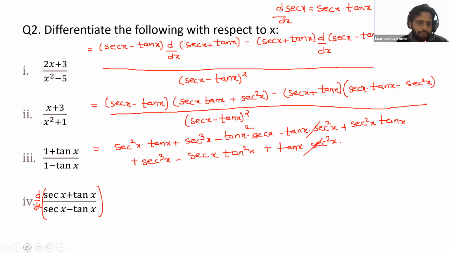This is the biggest disadvantage of missing this step. Sec x into this, so this is minus sec square x into tan x. This is plus, and this is minus, and this is plus. So everything is fine.